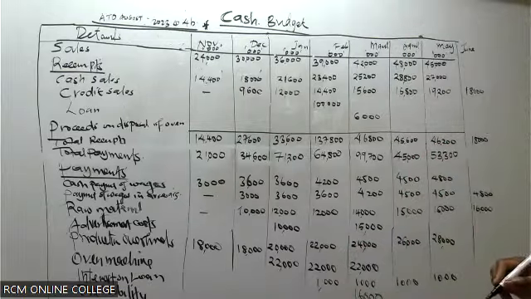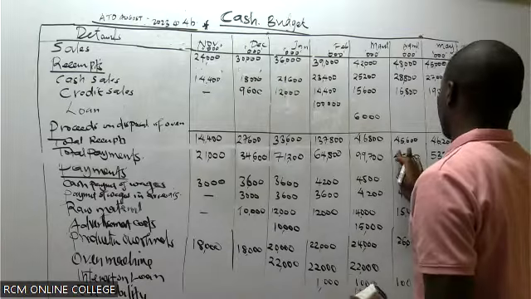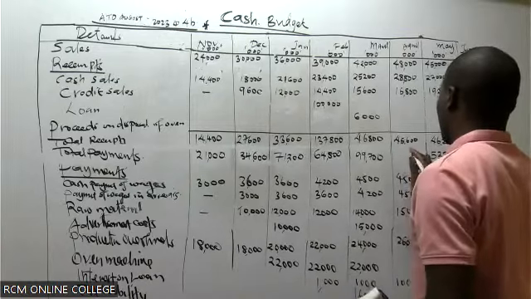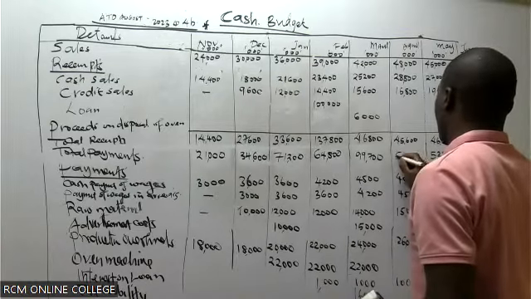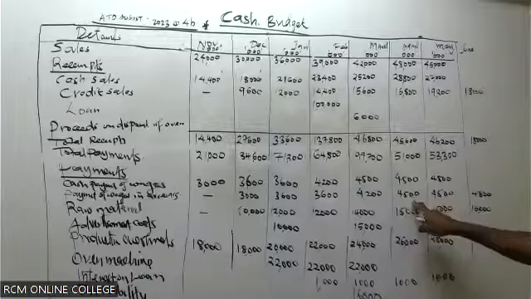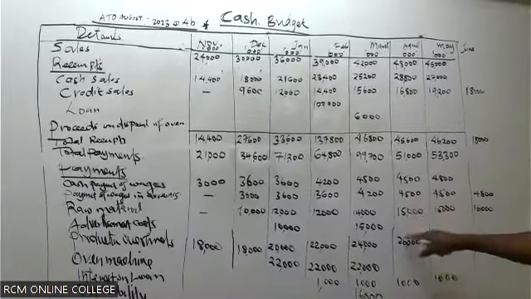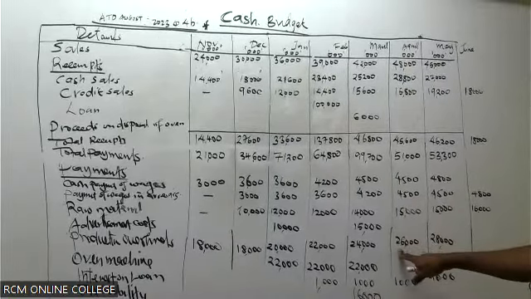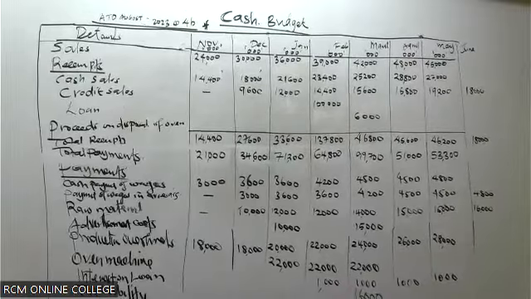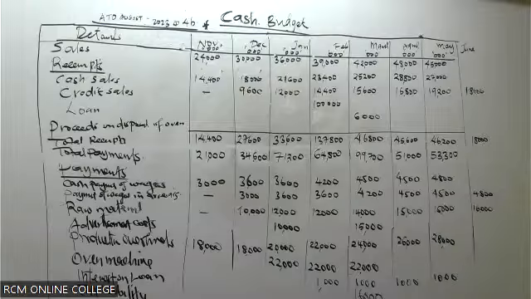April 51,000. April pia ni 51,000. Hapa. 4,500, 4,500, 9,000. This one plus this 16,000. 16 plus 26,000 itakuwa 42.